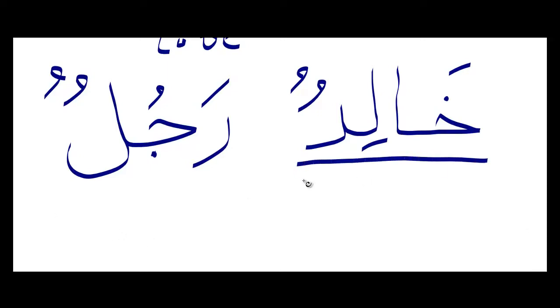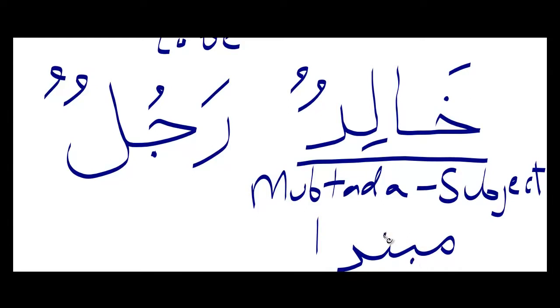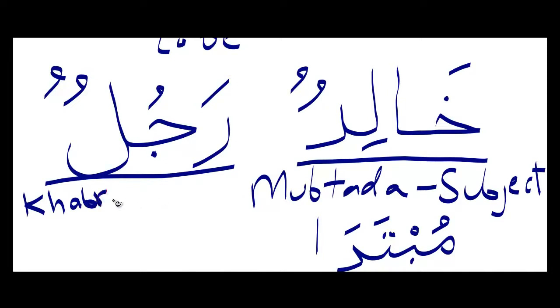This first word is known as Mubtada. Okay? In English, you'd call it the subject. Okay, let's write it in Arabic for you. Mubtada. Okay, I will be referring to it as Mubtada, and that's what you should know it as. And Rajul here, the second word, is known as Khabar. And Khabar is the news.